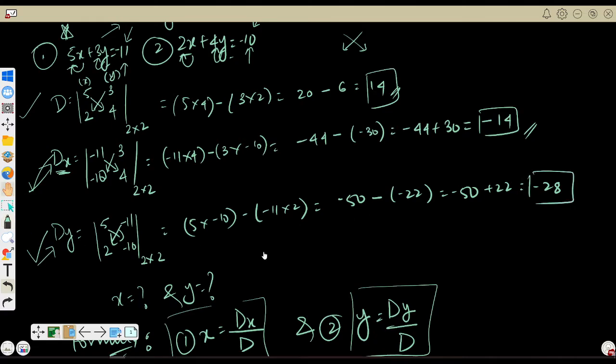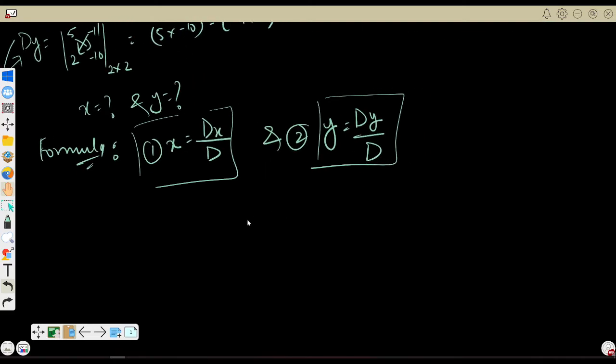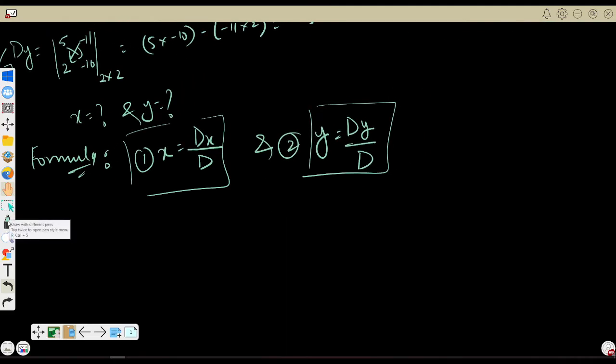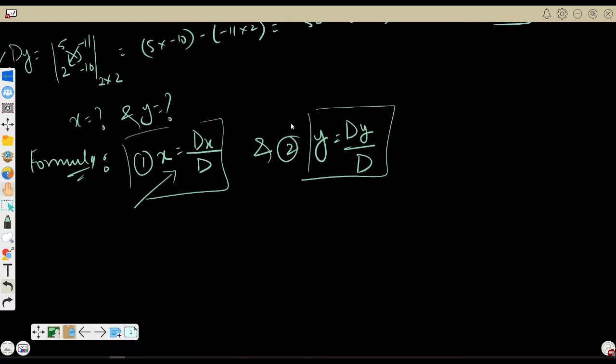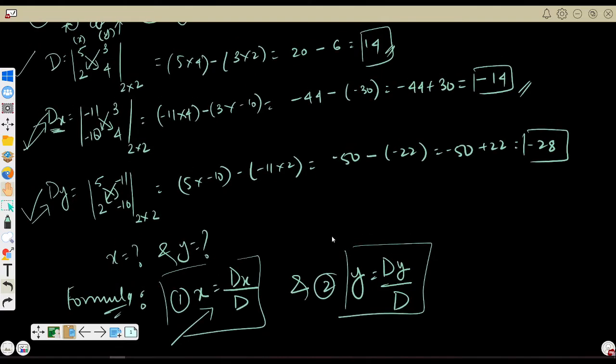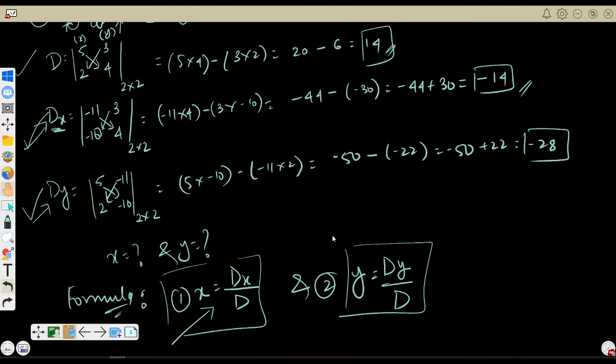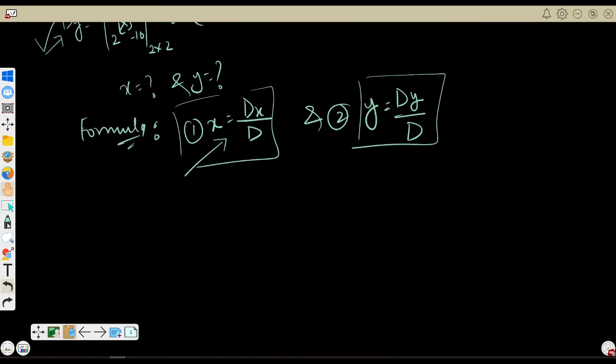Now we need to find the value of x and y. To find the value of x, the formula is determinant dx divided by determinant d. Now the value of dx is minus 14 and the value of d is 14. So x will be dx divided by d, that is minus 14 divided by 14, which turns out to be minus 1.